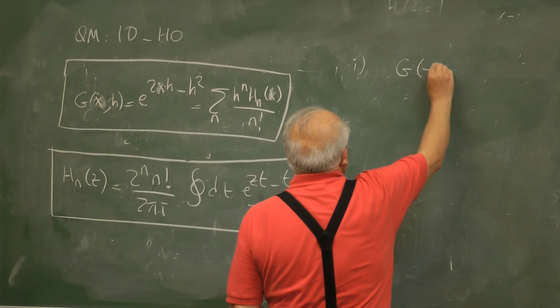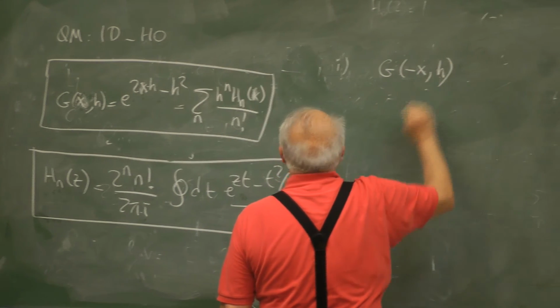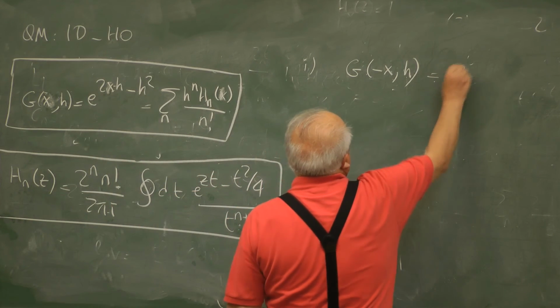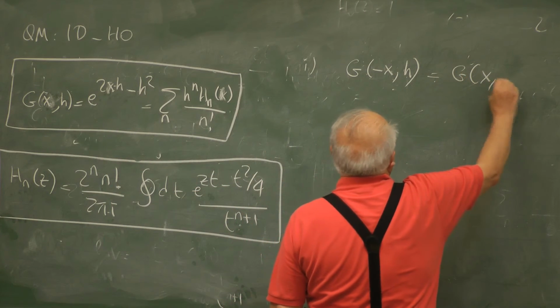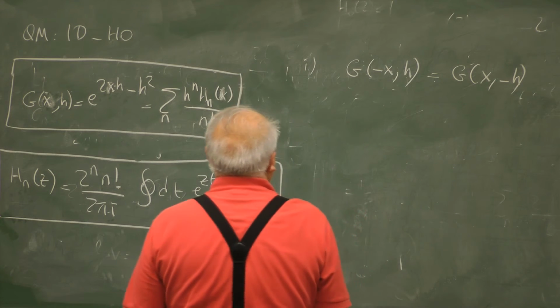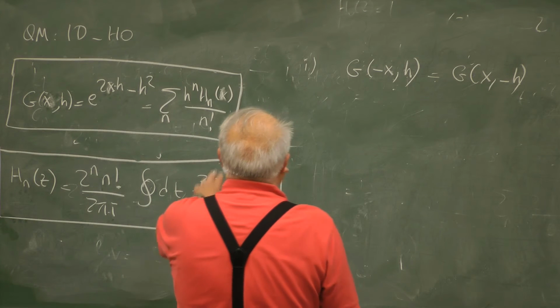G of minus xh, if you make it minus xh, it is the same thing as g of x minus h. So let us use the definitions.